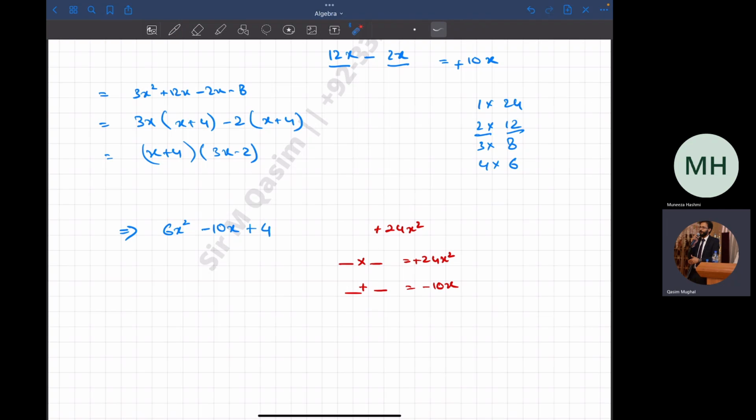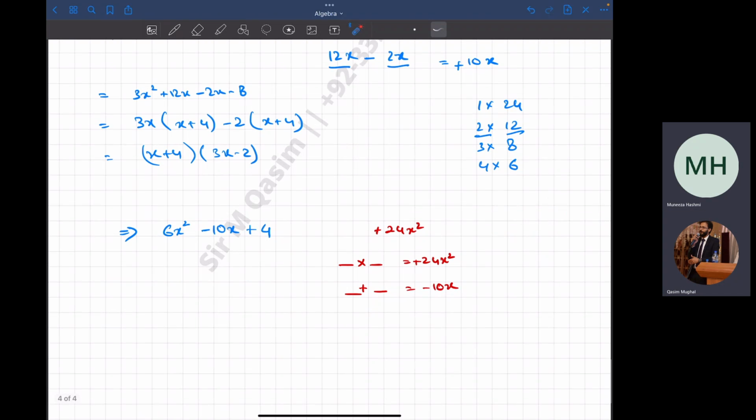Excellent. Now, the sum with the minus sign can only be obtained when both of the numbers have a minus sign. Okay? Minus 2, minus 3 is going to give you minus 5. So for this one, minus 6 and minus 4. Minus 6x, minus 4x.